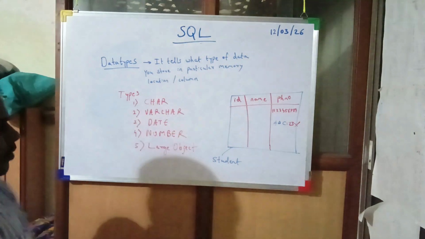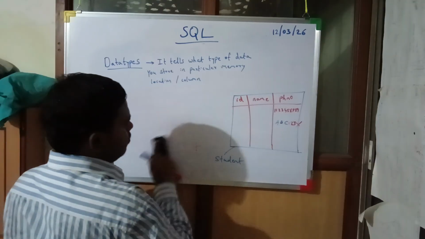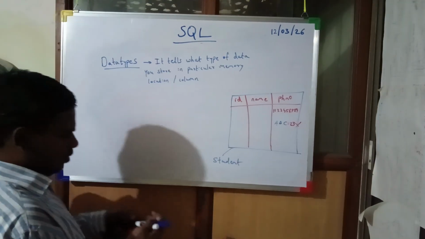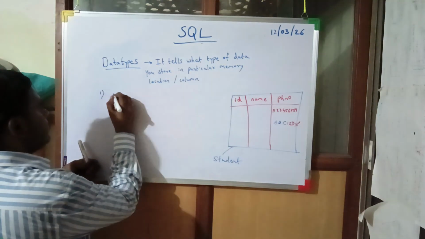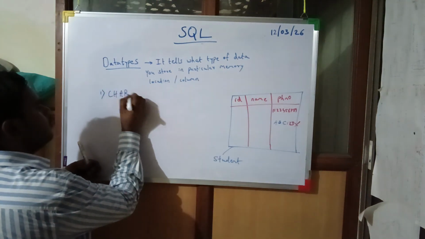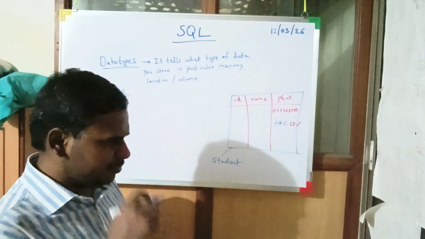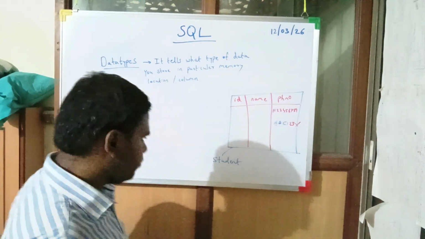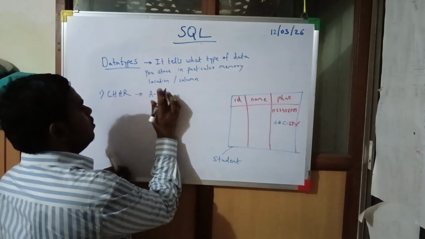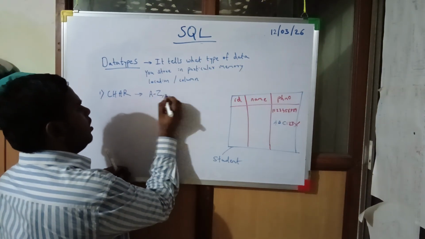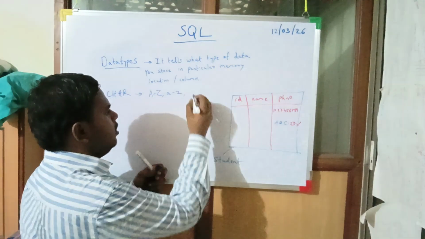So the first data type which we are going to see is the character data type. Characters means what? Alphabets. Capital A to Z, small a to z. Other than this, digits 0 to 9 are also there.